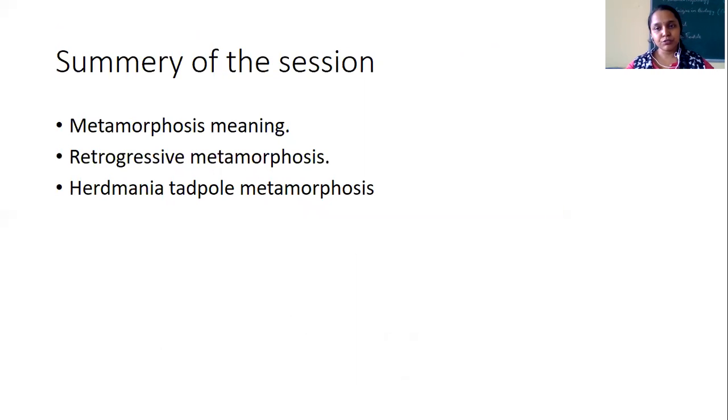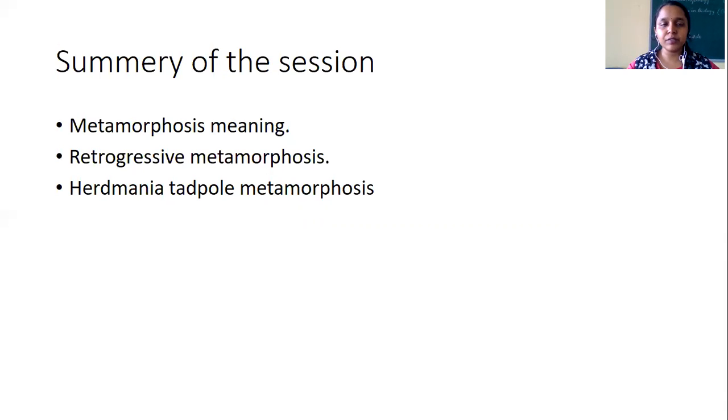To summarize this video, we discussed retrogressive metamorphosis. Retrogressive metamorphosis is nothing but the declining of the advanced characters that are expressed in the larval stage while metamorphosing into the adult. In the case of herdmanian larvae, the notochord and nerve cord that were present in the larvae will not be there in the adults.